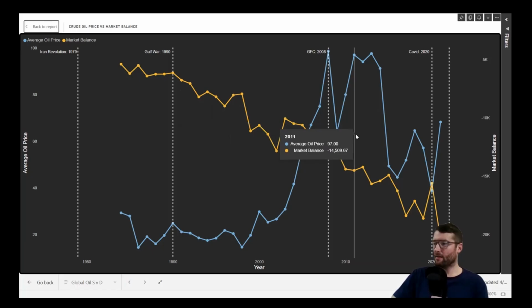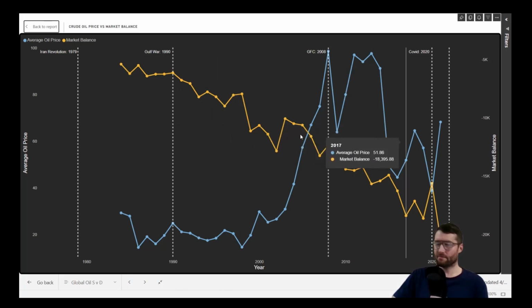Over here, probably a little bit, but nothing too sustainable long term. So basically, when surplus is high, prices tend to be down. When surpluses tighten, prices go up.